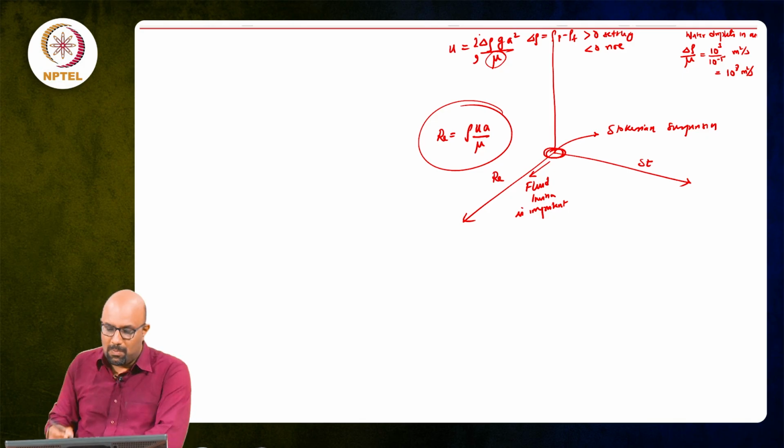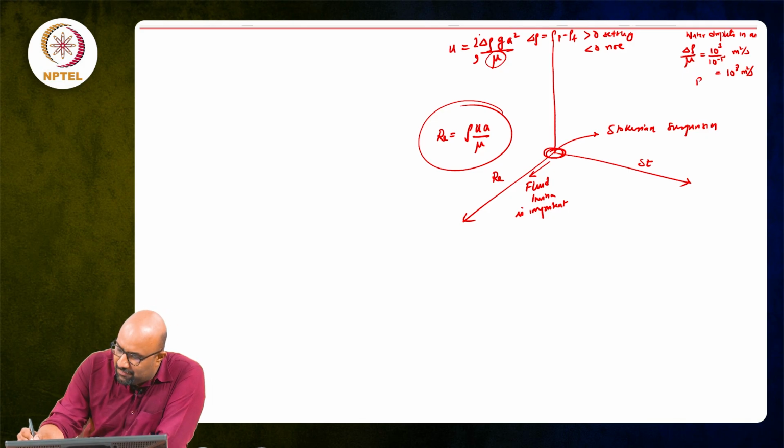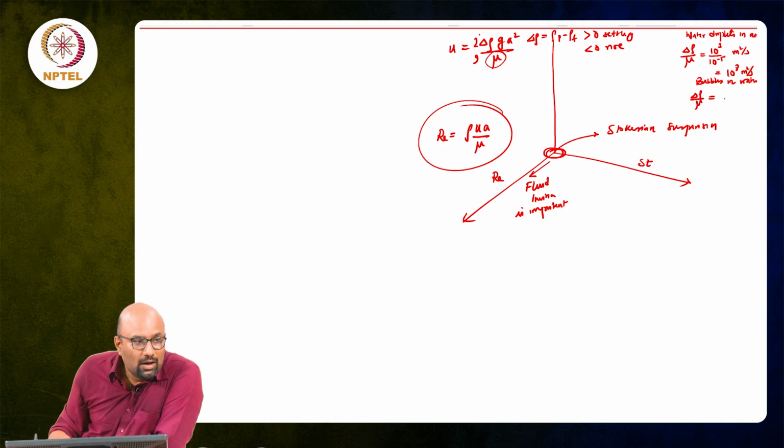Now, if you have the other scenario of bubbles rising in water, what would be delta rho by mu? Rho p is close to 1, since it is a gas bubble. Rho f is water, so it is close to 1000. So, delta rho is negative 1000, with a magnitude close to 1000.